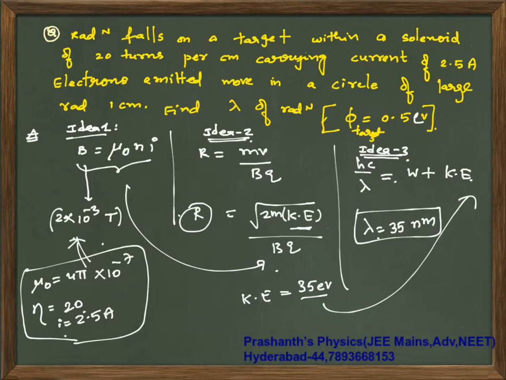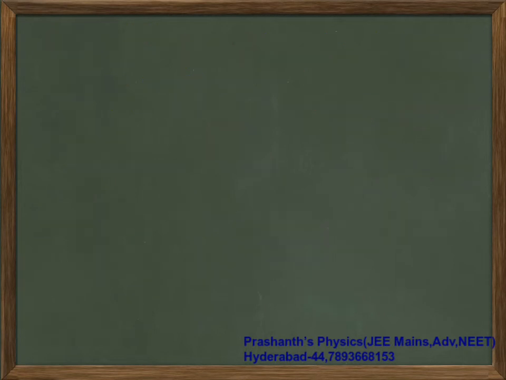All right, now let's continue to the next question. In your next bit, what is your question is, there is an isolated metallic sphere of radius a. What is happening in this is a monochromatic light of wavelength lambda is incident on this.